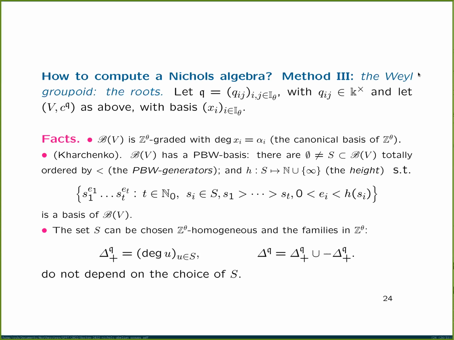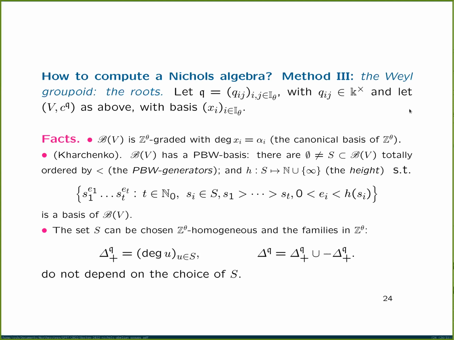The first part, so again, I have a braided vector space of diagonal type with respect to matrix q. And the first is to introduce, I would like to explain how to attach to the Nichols algebra a subset of Z^θ, which I will call the roots of B(V).